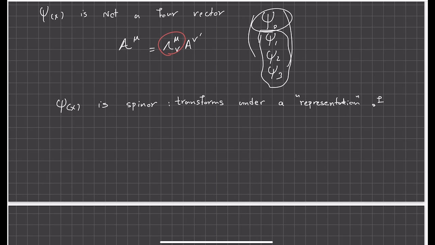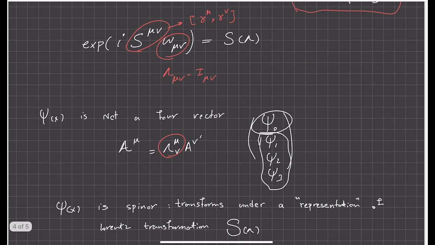A representation of the Lorentz transformation, which we already discussed, S of lambda. So whatever Lorentz transformation lambda we are using, we have this S of lambda, which is infinitesimally expressed as we showed above.